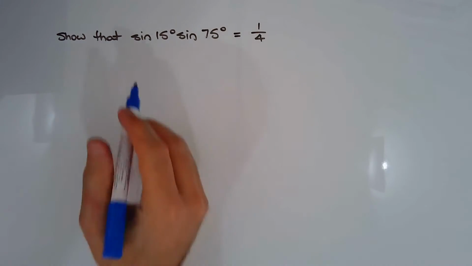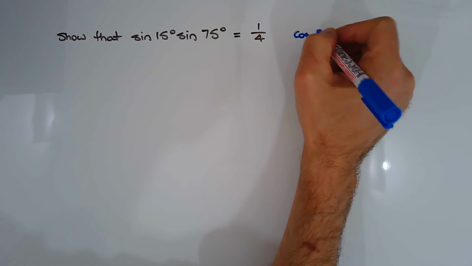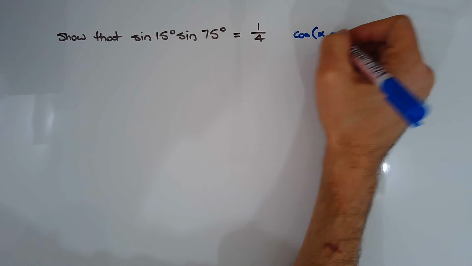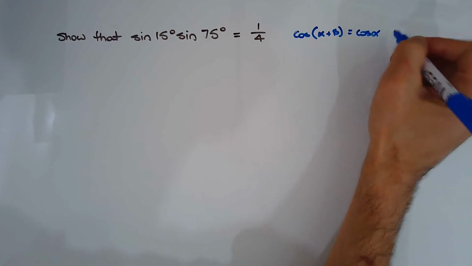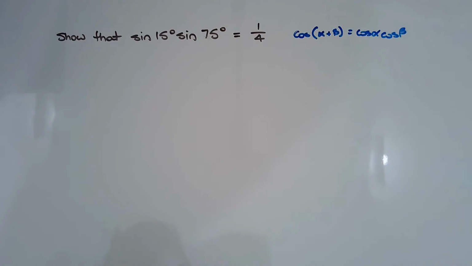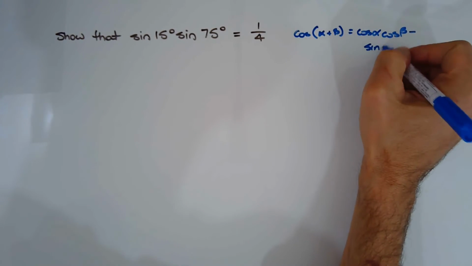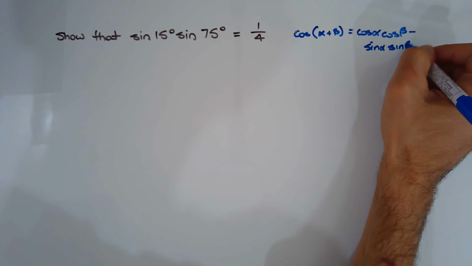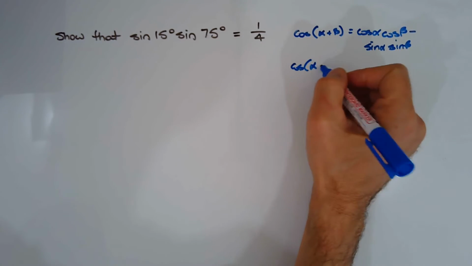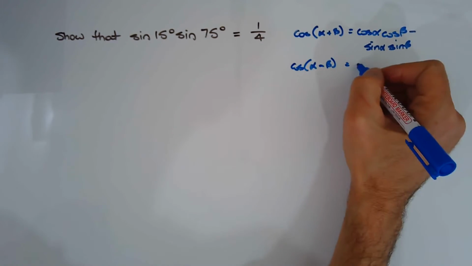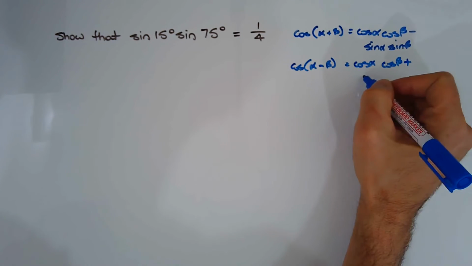Now, if you recall, cos of alpha plus beta is cos alpha cos beta minus sine alpha sine beta. Also, cos of alpha minus beta is cos alpha cos beta plus sine alpha sine beta.